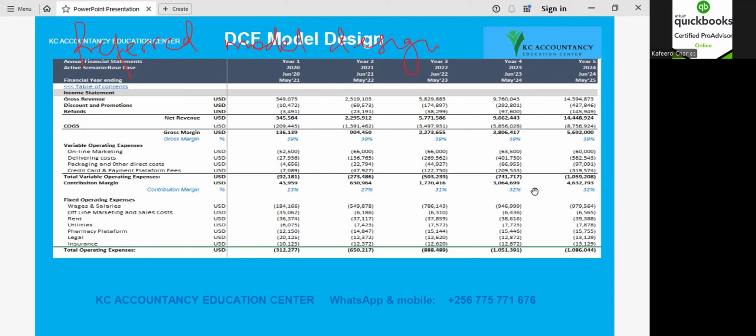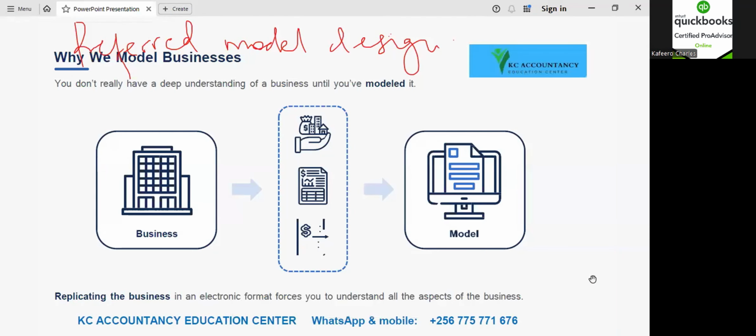So that would be the first motive, that we are going in for modeling this business just because we want to actually know. So that's one of the motives as to why we may model the business.